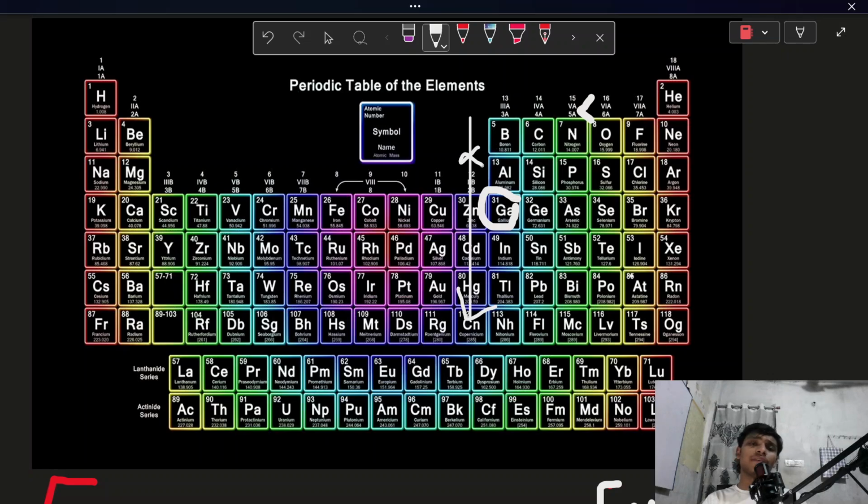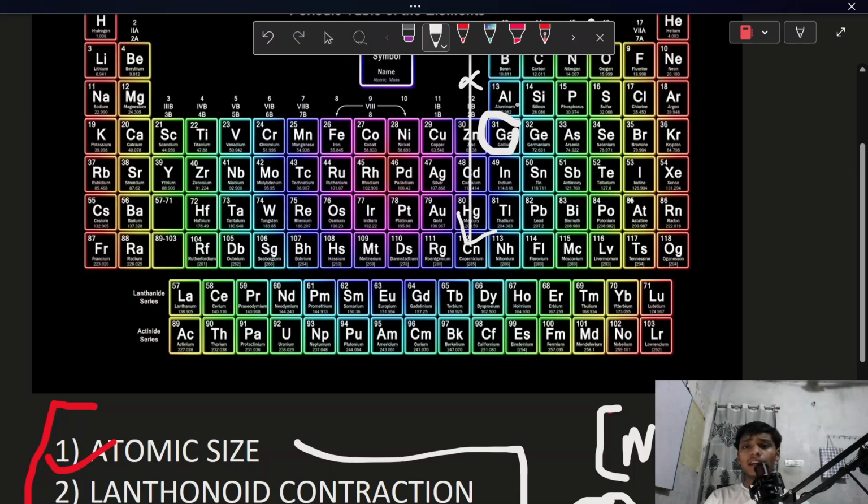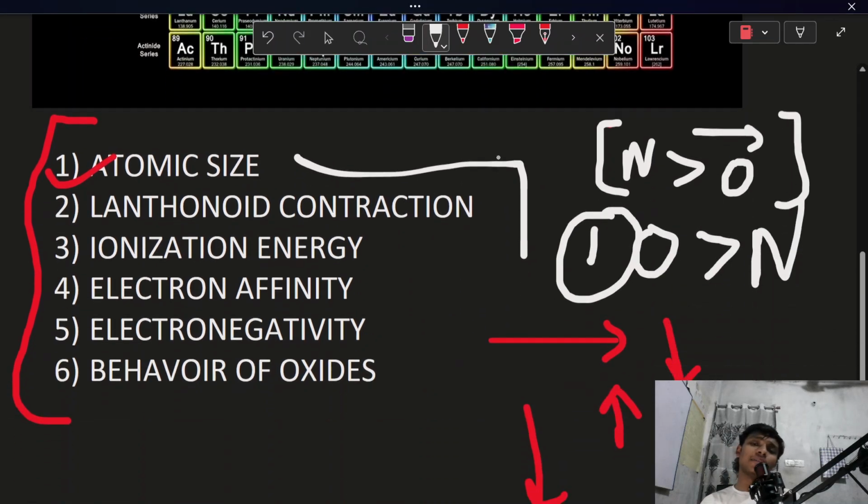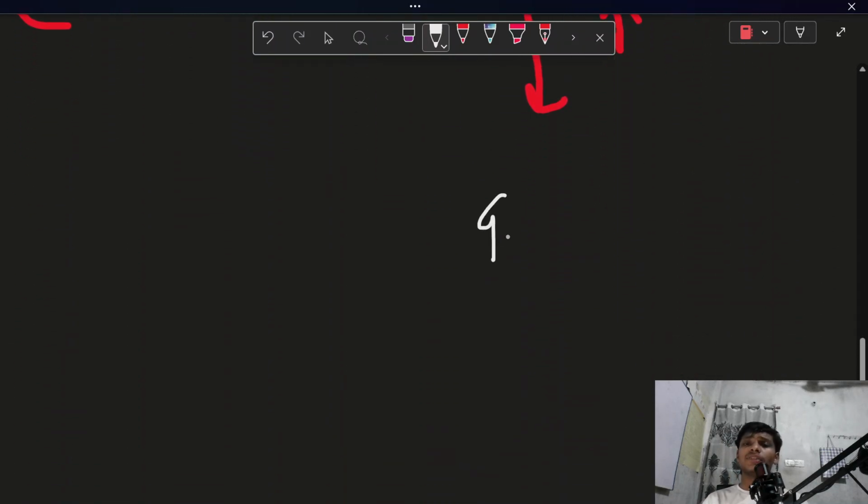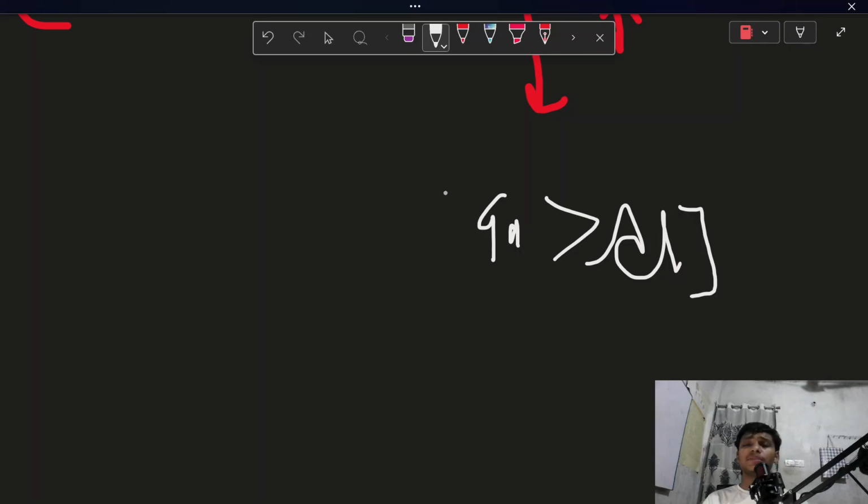So boron should have more size than aluminium, and aluminium should have more size than gallium, and gallium should have more size than indium and then thallium. This is going to be the expected order, but actually it's not true. When we look into the real order, aluminium should be smaller than gallium, but that's not true. Gallium is actually bigger than aluminium, right? So this is the one exception in the boron family when we are talking about atomic size.